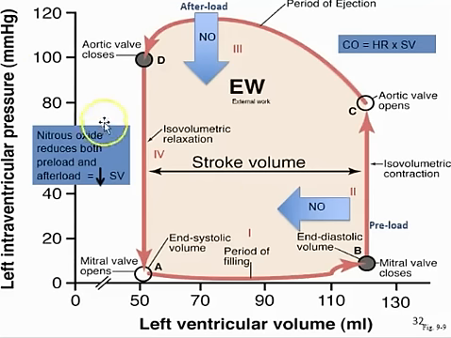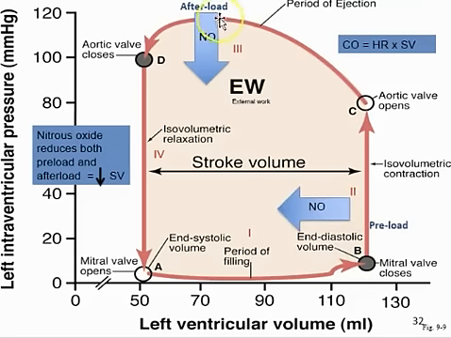So you've seen these volume pressure loop diagrams in physiology at some point. Here we're looking at pressure in the left ventricle compared to volume. This point here, point B, is defined as preload, and it's also defined as the end diastolic volume. So nitrates, this is NO, nitric oxide, nitrates push this curve to the left.